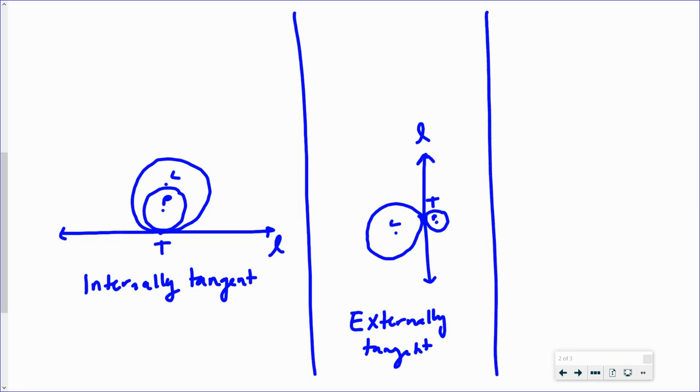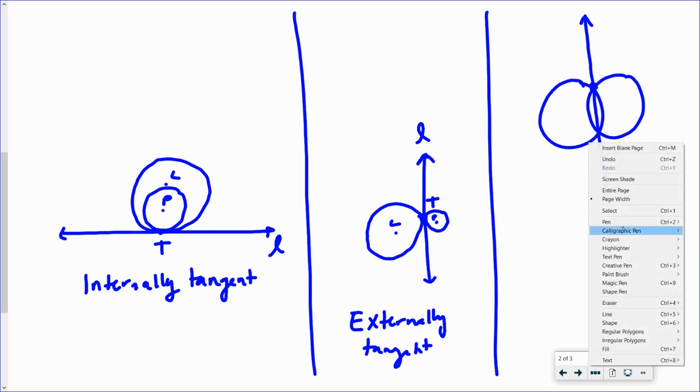And then finally, let me show you a couple examples of circles that are not tangent to each other. So these two circles would not be considered tangent because if you look, this line that they share intersects the circles at multiple points.